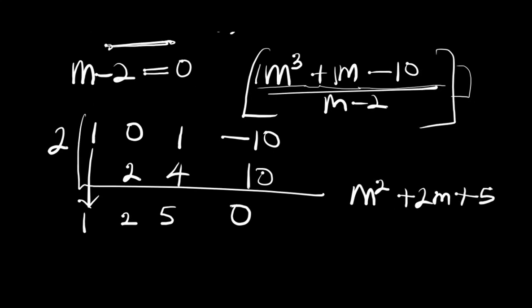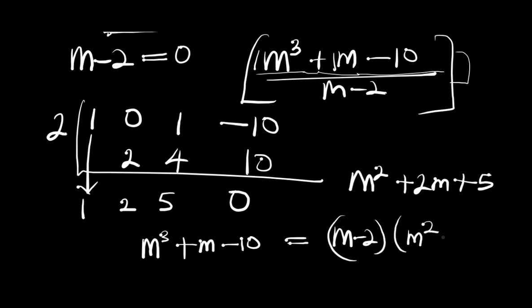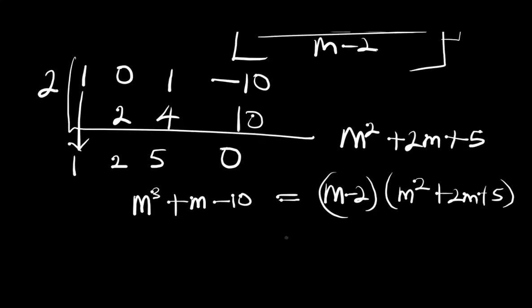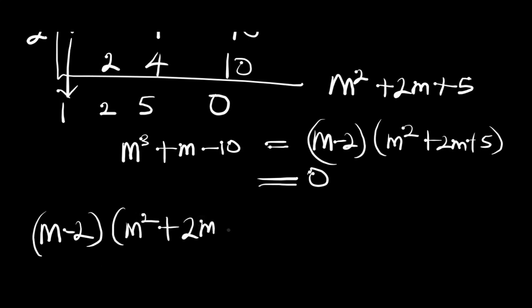So that means we can as well write m power 3 plus m minus 10 as m minus 2 into m power 2 plus 2m plus 5, and this equals 0.